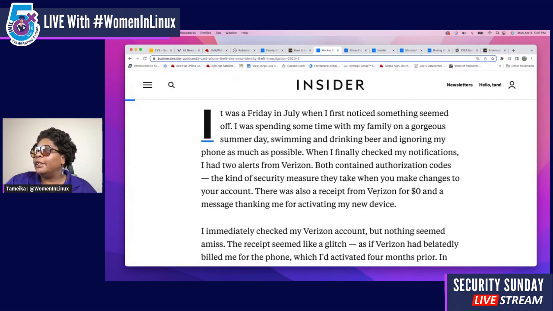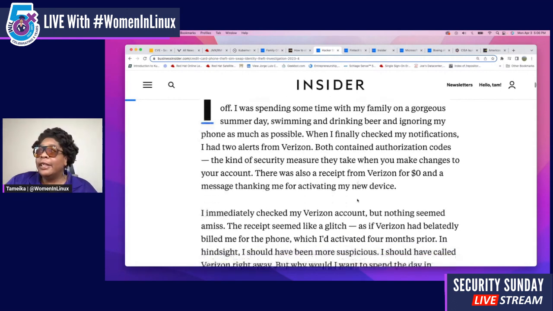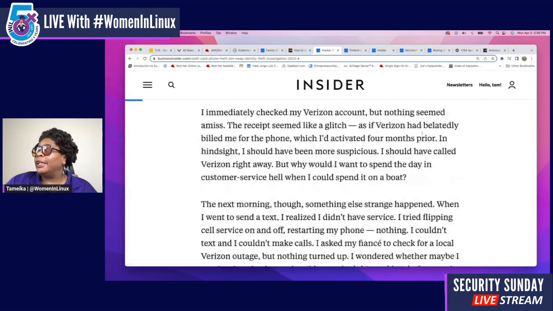There was a receipt from Verizon for $0 and a message thanking me for activating my new device. I immediately checked my Verizon account, but nothing seemed amiss. The receipt seemed like a glitch, as if Verizon had belatedly billed me for the phone, which I activated four months prior.